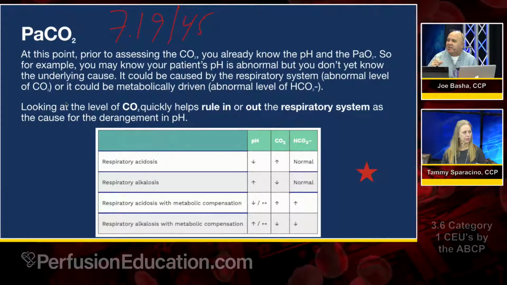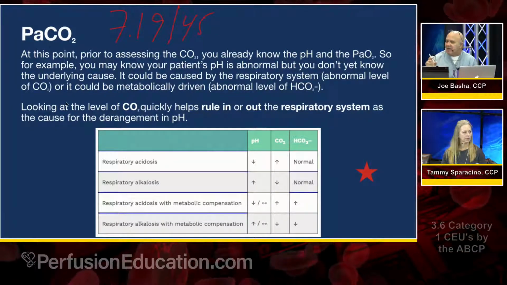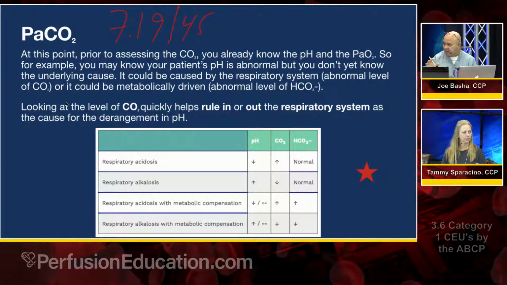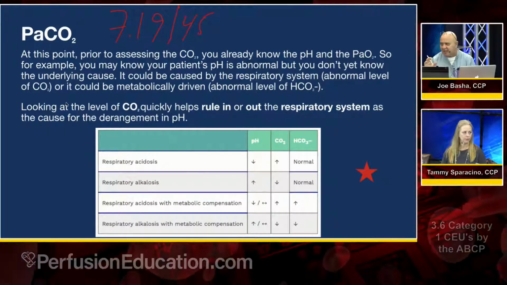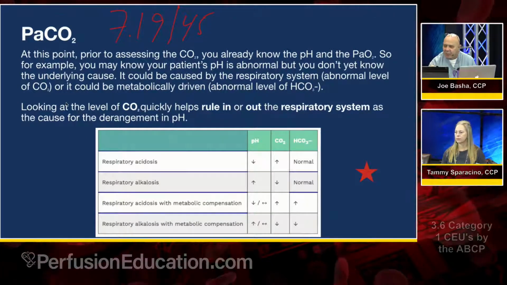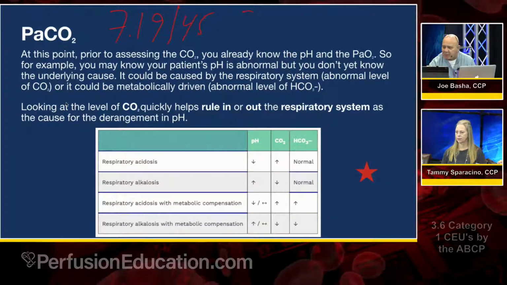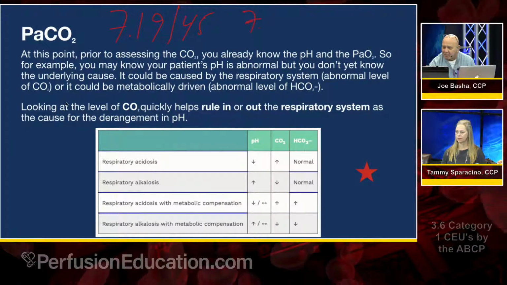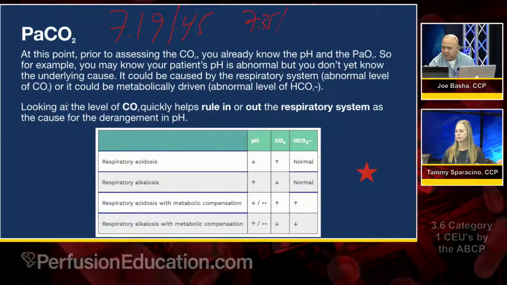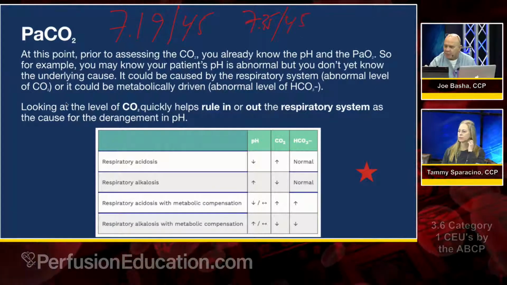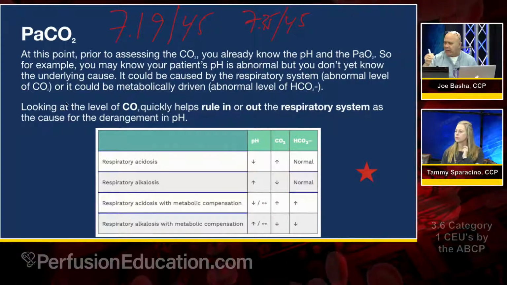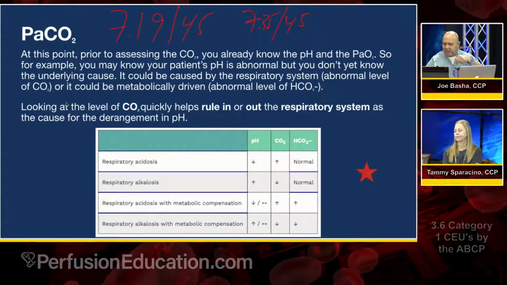This is not meant to be very specific, but it's a really good guide. A 45 should be 7.35. If 7.40 is 40, it goes the opposite direction, right? PCO2 goes up, pH goes down.